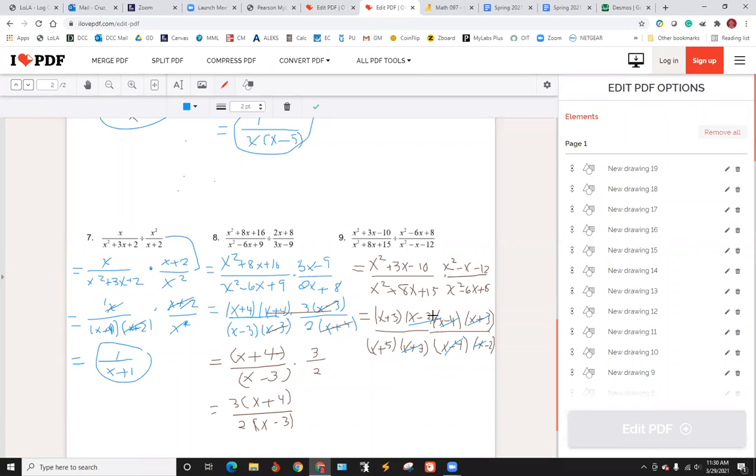Because 5 times 3 is 15. 5 plus 3 is 8. This is negative 4 times positive 3 to give negative 12, and the difference is negative 1. This is negative 4 times negative 2 is positive 8. Negative 4 and negative 2 is negative 6, so that's right. What about this one?